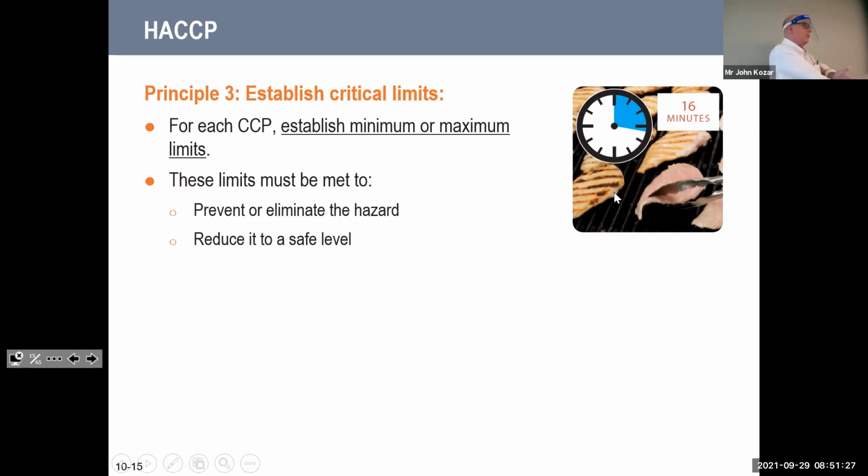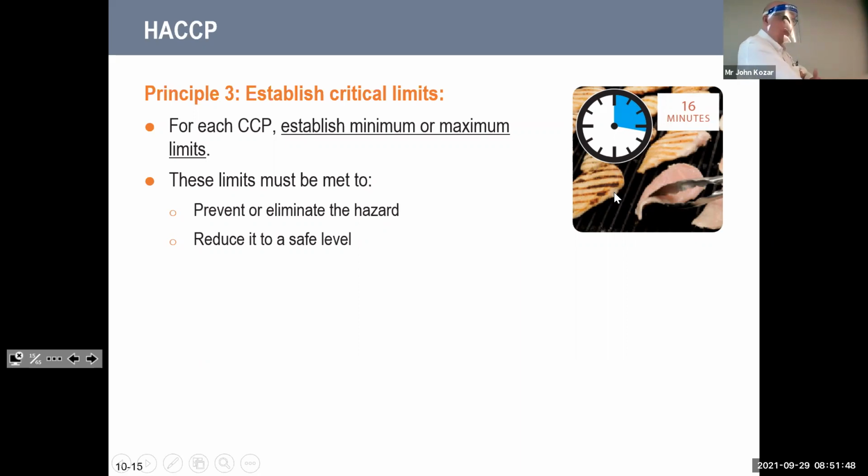And so if we have our grill set at a certain temperature, our typical chicken breast is going to reach 165 degrees in 16 minutes. But we're still going to have to take the temperature of it. It just depends that the time is right.